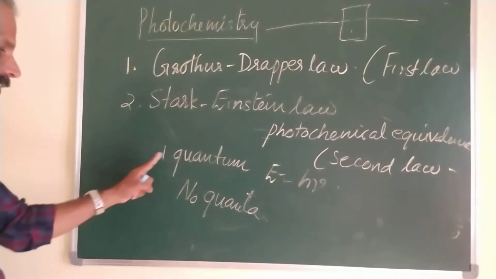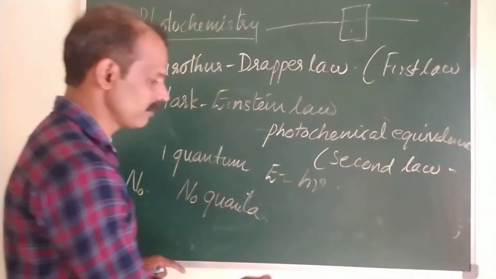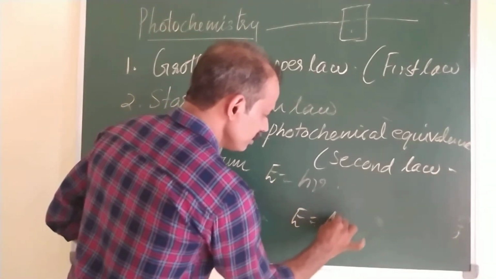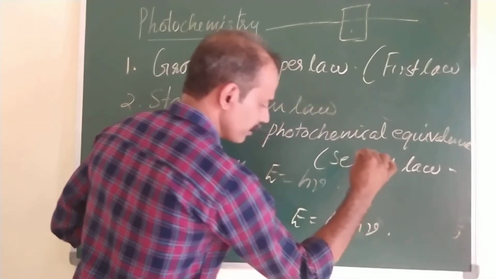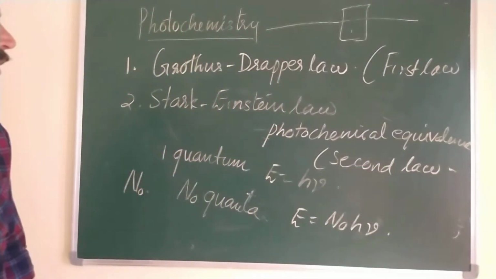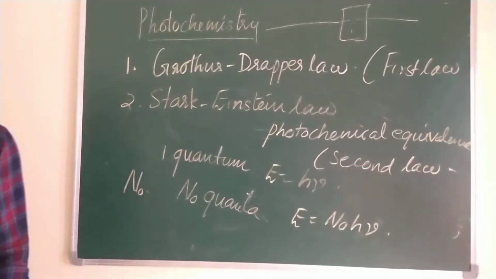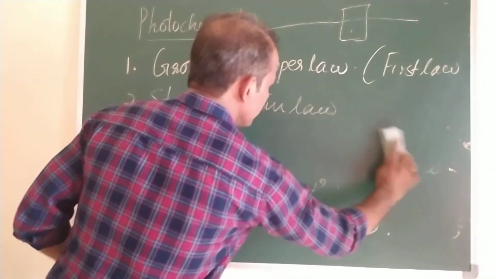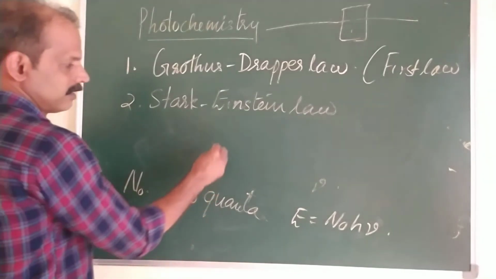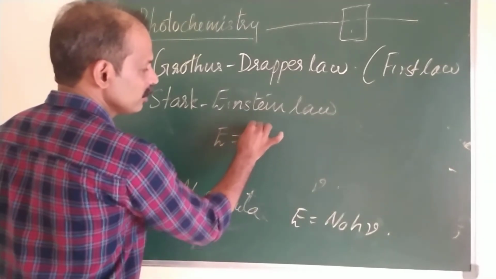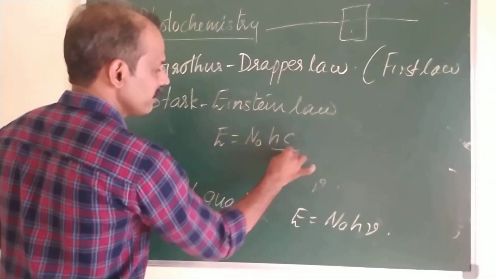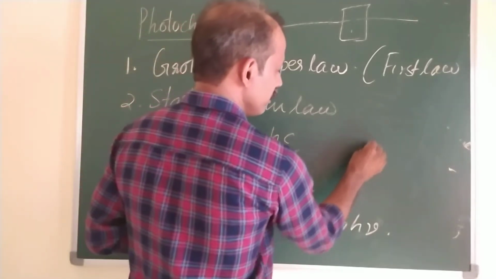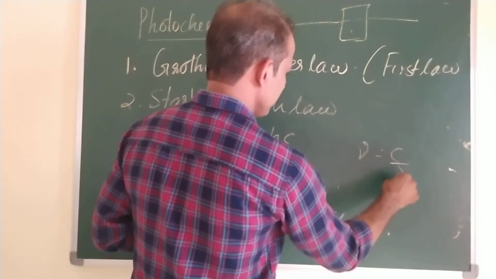So the total energy E is equal to N0 h nu. You can put it as E is equal to N0 hc by lambda, because we know nu is equal to c by lambda.